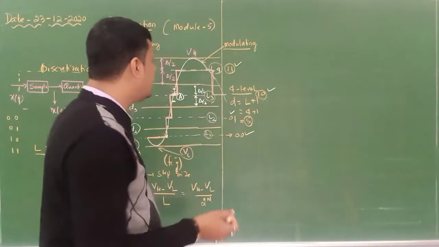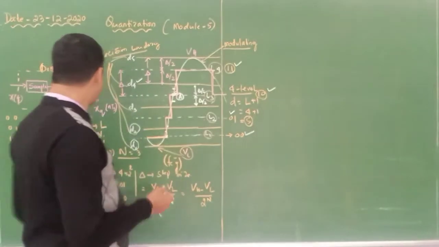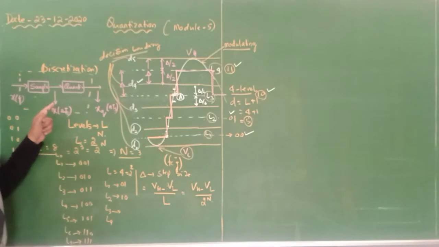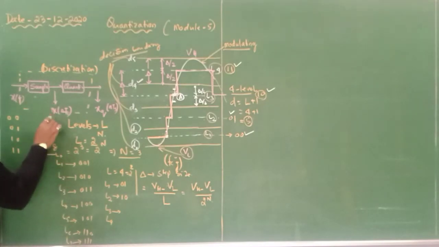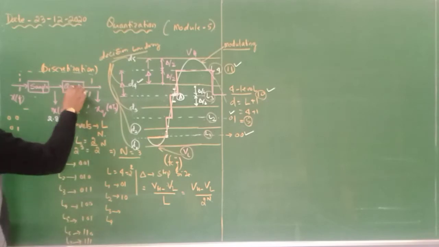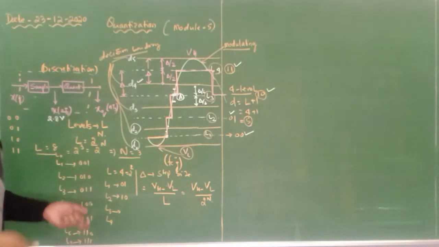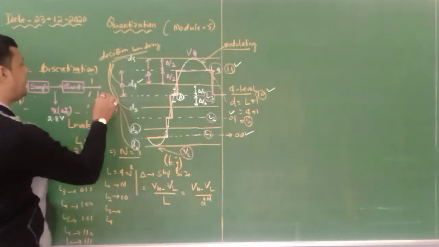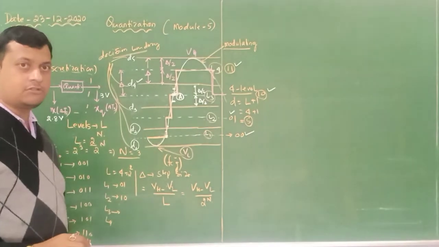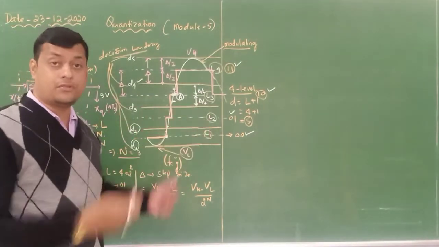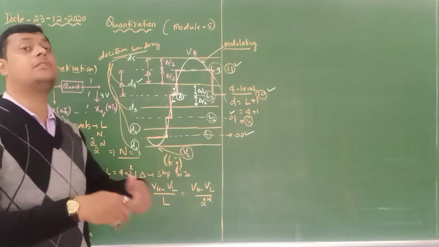Now suppose my input to the quantizer is 2.8 volt, but after quantization, the nearest value it identifies is 3 volt. So it rounds up to the next value.